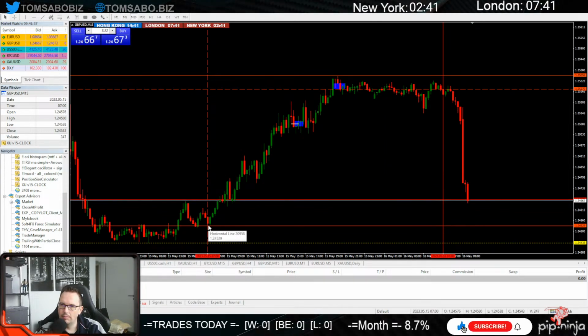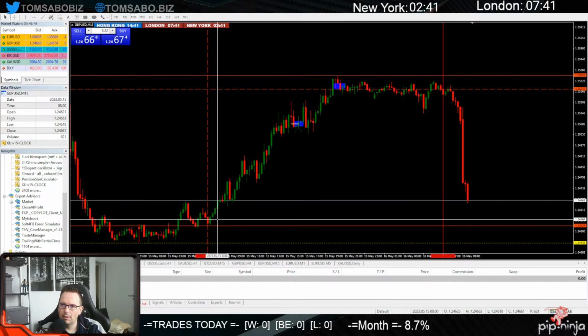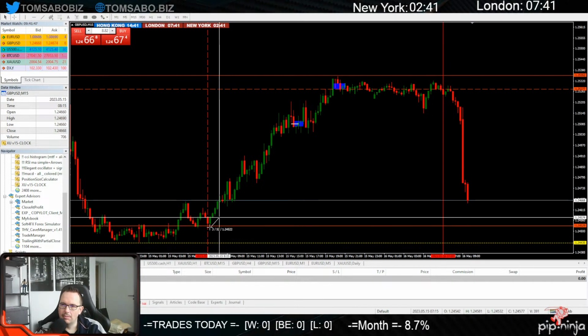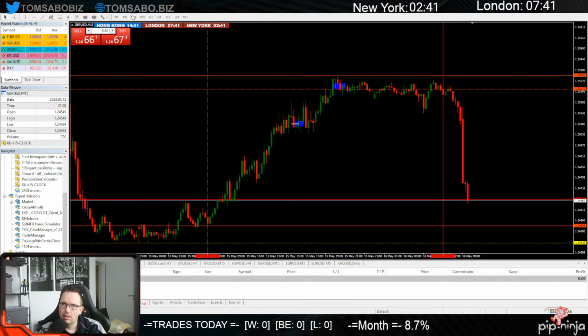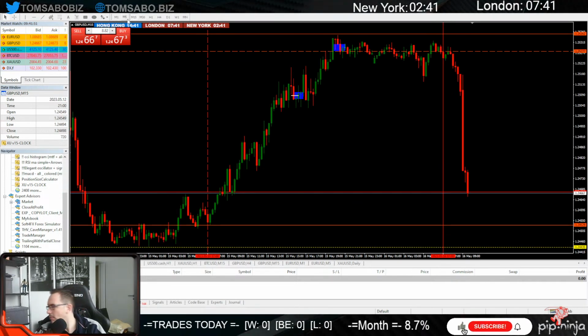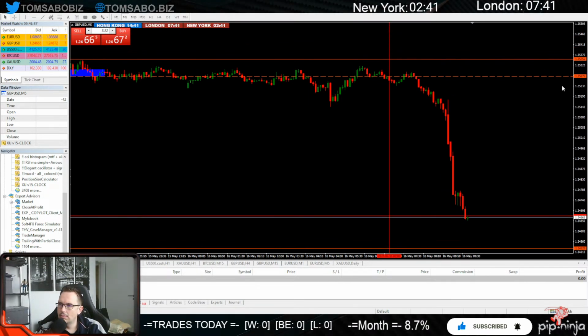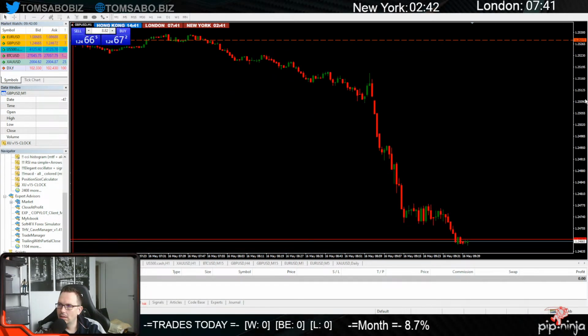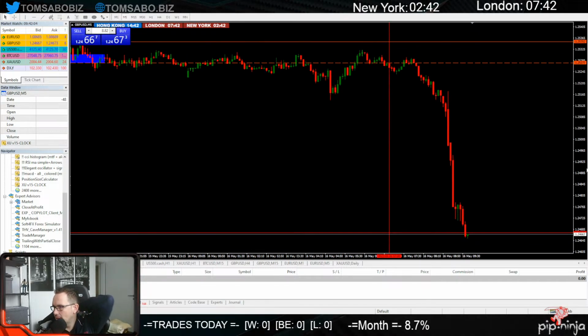And very close to yesterday's opening price. This might be a good one for the silver bullet trade, but it could only work on the 5 minute.